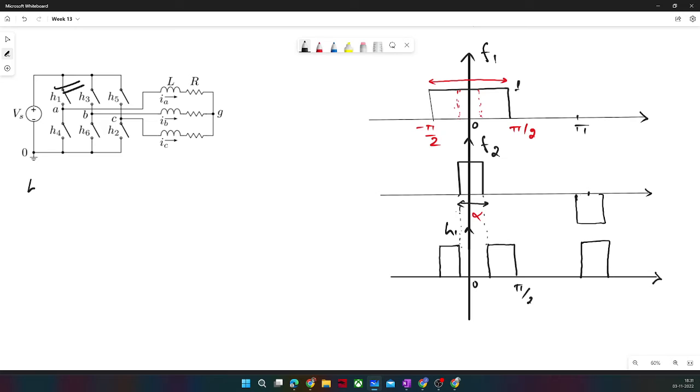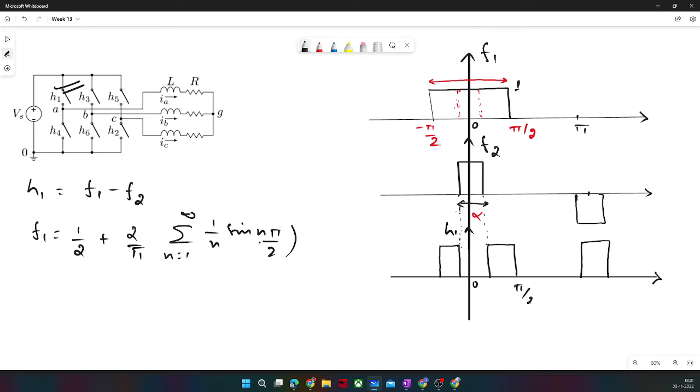So H1 will be F1 minus F2, and F1 we know. F1 is a typical half duty cycle waveform, 2 by pi, n is equal to 1 to infinity, 1 by n sine n pi by 2 cos n omega t.